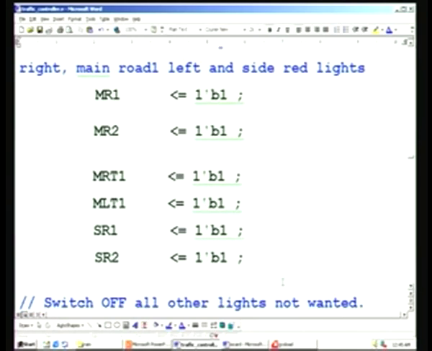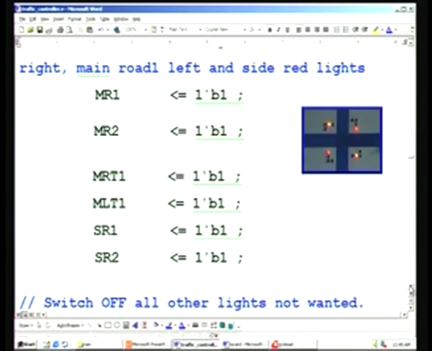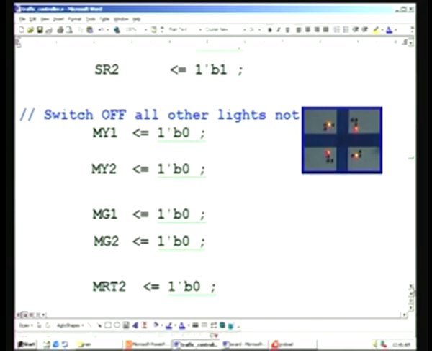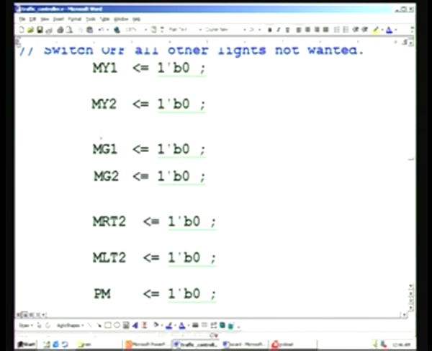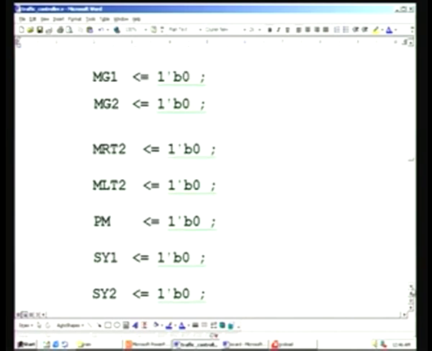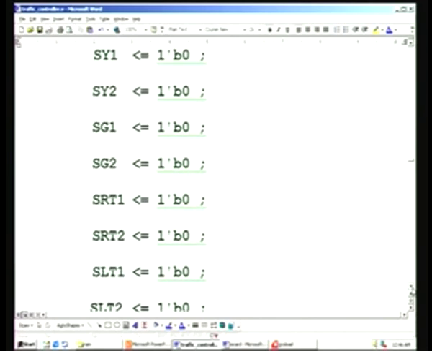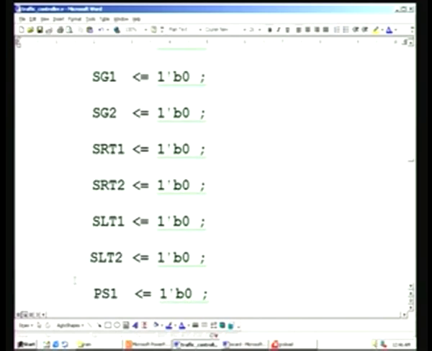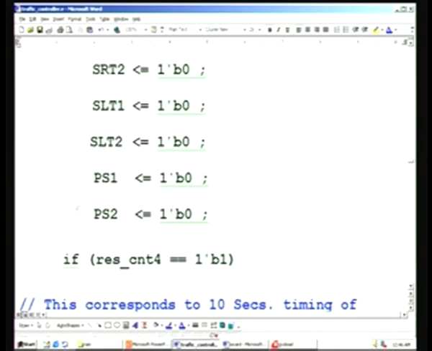And in this particular sequence we have MLT1 coming into picture as well as MRT1, and naturally we need to switch off all other unwanted lights, including MLT2 here, and main pedestrian crossing, and again SLT1, SLT2 left traffic of the side road, as well as the pedestrian crossing for side road.